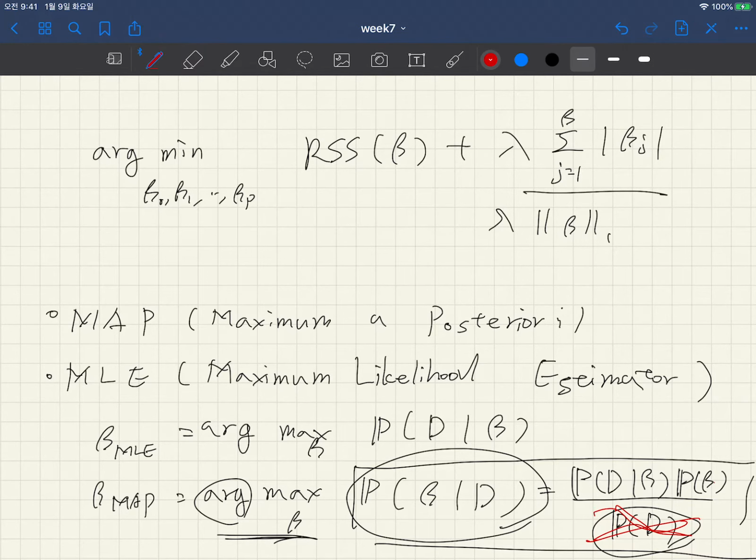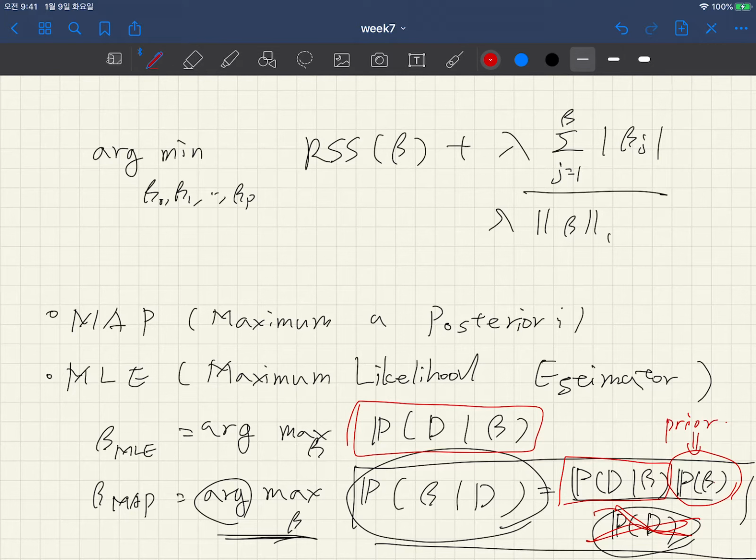So the difference between MLE and MAP is the existence of the probability of beta. This is called the prior distribution, and we have the same conditional distribution, the probability of your data for a given parameter beta.